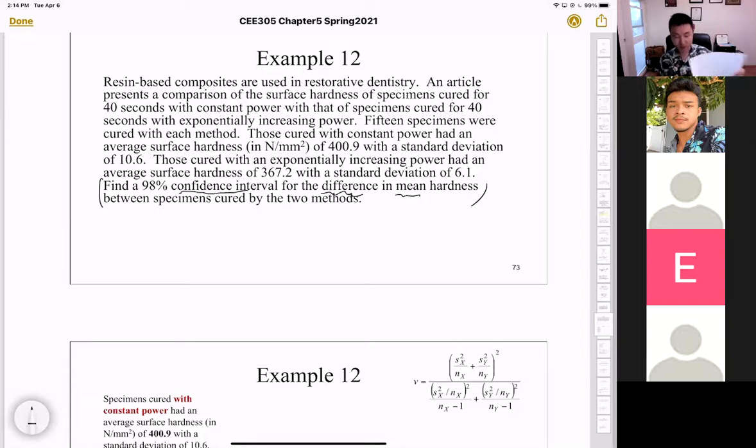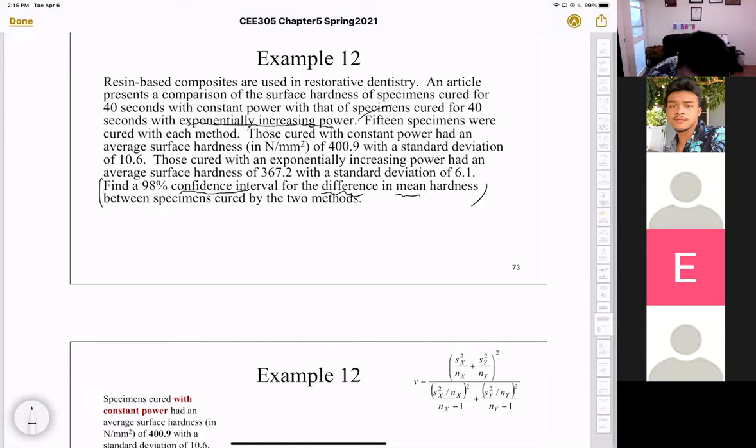Let's read the question together. Resin-based composite used in restorative dentistry. Another paper presents a comparison of the surface hardness of specimens cured for 40 seconds with constant power with that of specimens cured for 40 seconds with exponentially increasing power.